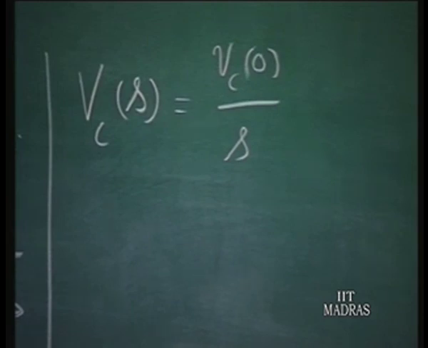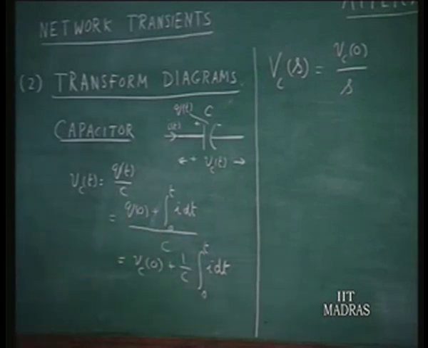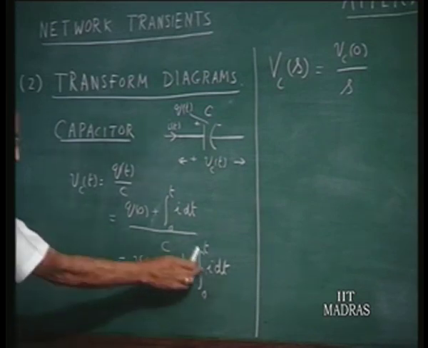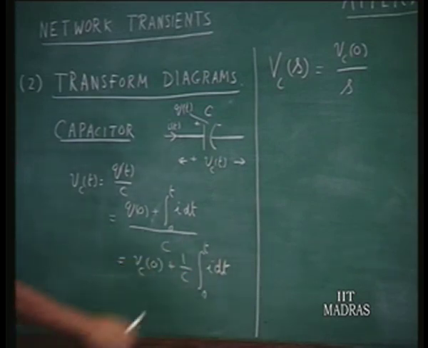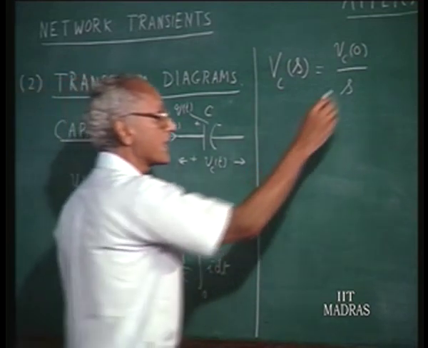Now, the second quantity, 1 over C times the integral of I dt, this is a definite integral from 0 to t, which means if I of s is the Laplace transform of I, then the integral 0 to t of I dt has the Laplace transform I of s upon s, and of course we have 1 over C also here.